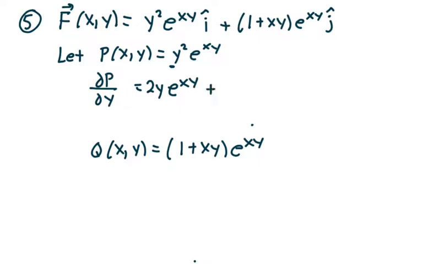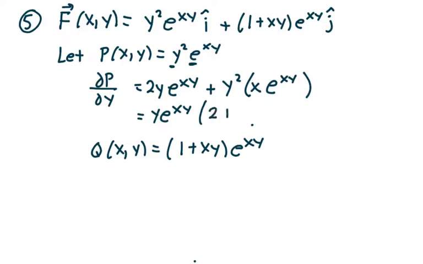And I'm going to add y squared times the derivative of the second function, which, by the chain rule, is e to the xy times the derivative of xy, which in this case is x. So we should get something like this. Now, if I factor out a y e to the xy, I get 2 plus xy.